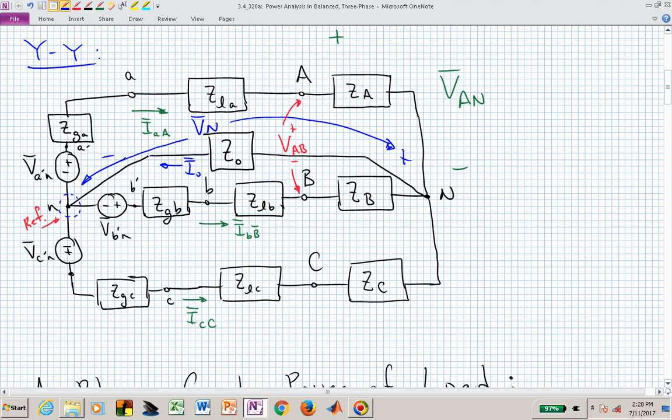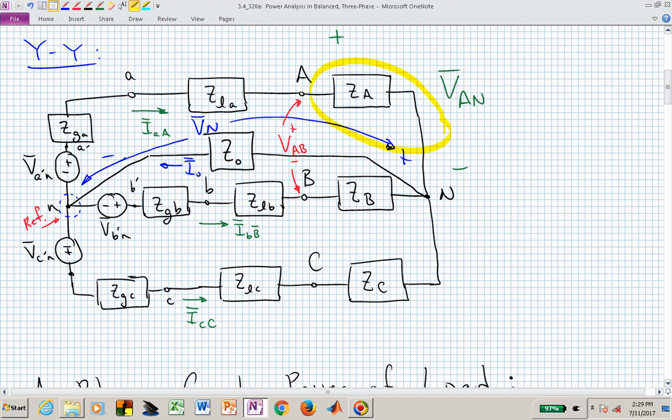Now we want to find the A phase's complex power, and really what we want to know is the power absorbed, or if you had a weird load, supplied, by that impedance in the A phase. So we're looking at the A phase impedance and finding the voltage across that impedance and the current through that impedance.